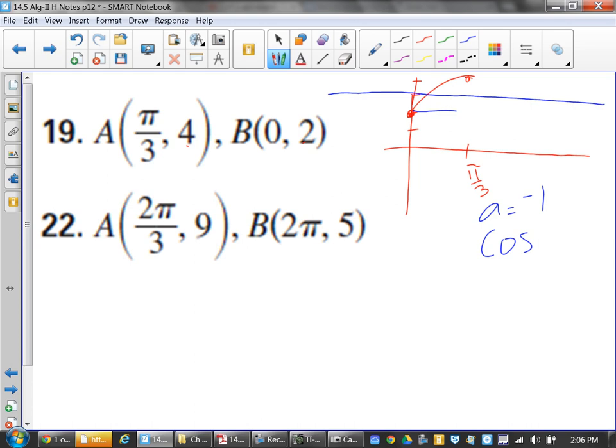Double it, you get? What's your b value? 3. And your k value, we figured it moved up 3. So your equation would be 3 minus cosine of 3x. Why is it negative? Because we started at a minimum value, moved up.